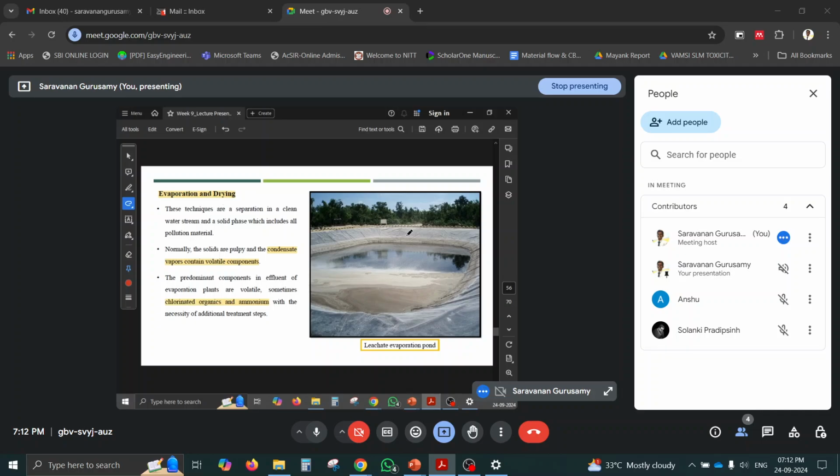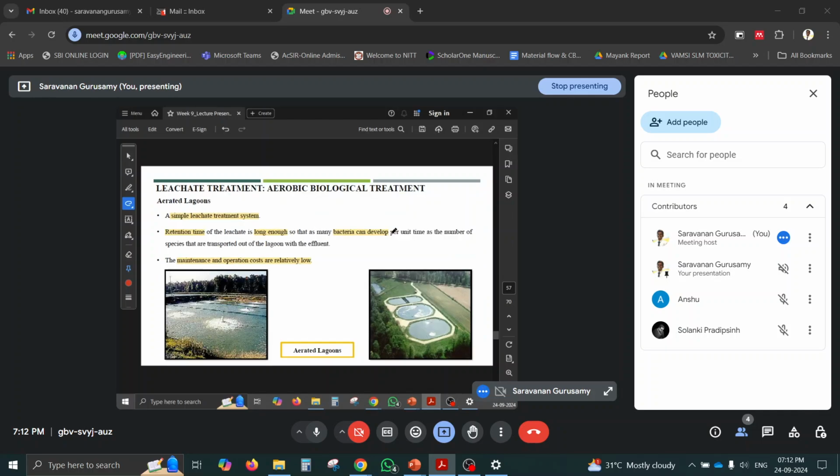And then evaporation, it's a very cheap method because in the lagoon and the pond itself, we allow the leachate to evaporate and dry. Only the sludge we can collect, and it can be treated with sludge treatment methods. Okay, the condensate vapor, whatever evaporates, will have volatile, harmful components, so the nearby residents may get health issues. That should be avoided. It may have some chlorinated organics and ammonia.